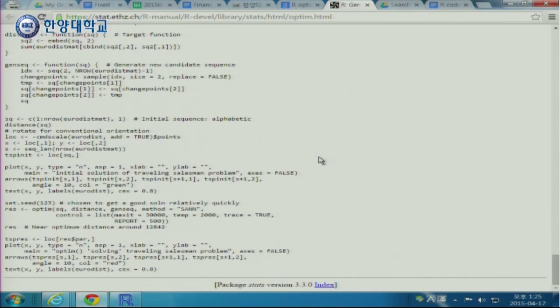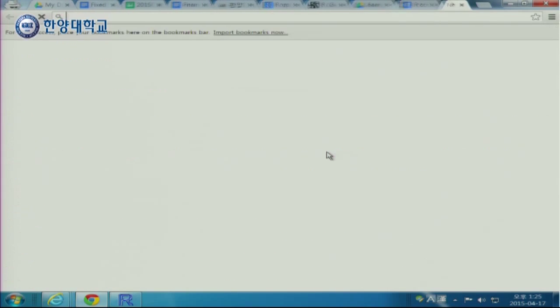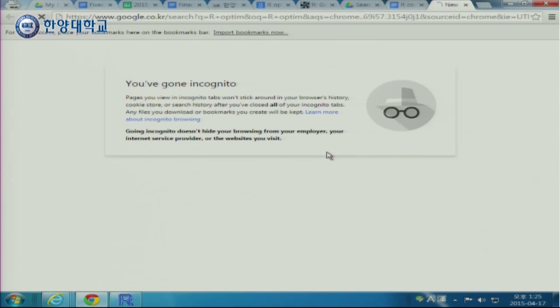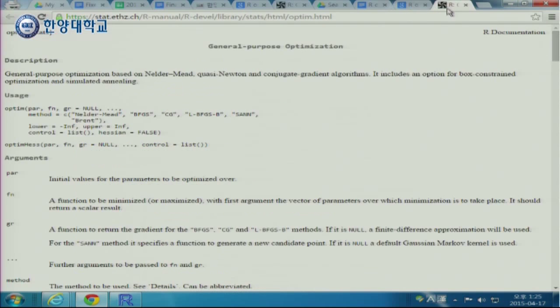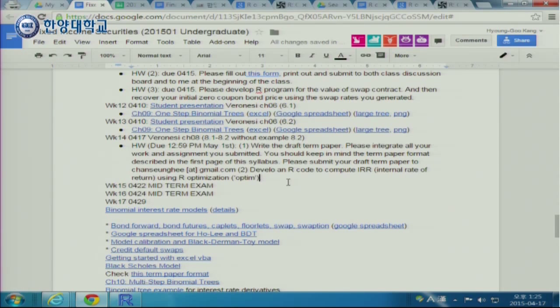Where is the manual for R optim? Okay. How to use optim? Okay, we have this one, so you can check optim, and I can provide you a link about this one.